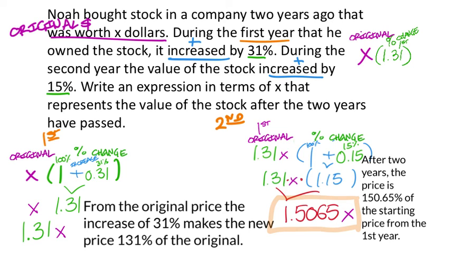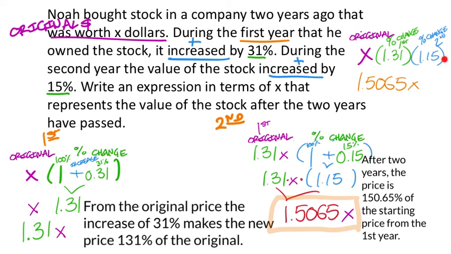And then you'd multiply that by the percent change for year two, which was 1.15. And if you were to do this, again, I'm switching the order here, you would get 1.5065 times the x. If you just multiply those two together, you get this coefficient. So you can simplify this as long as you understand that it is repeated multiplication.